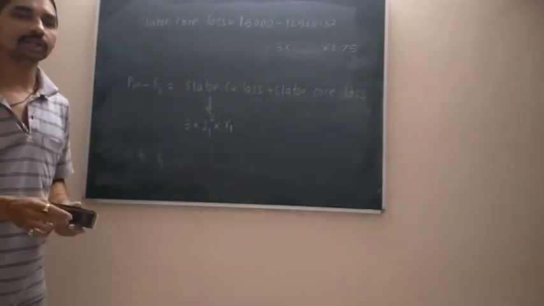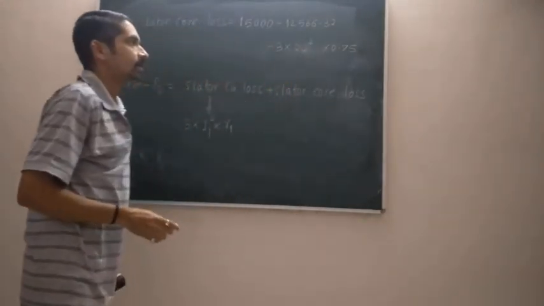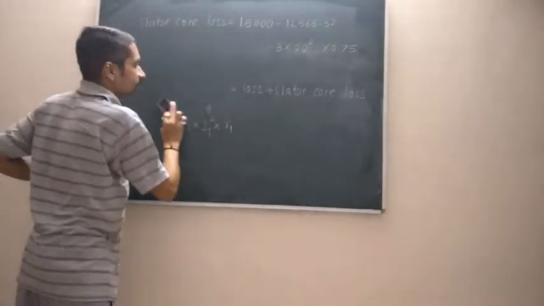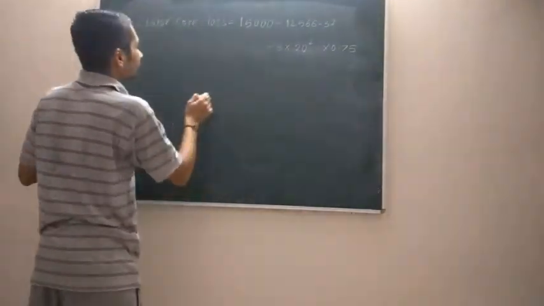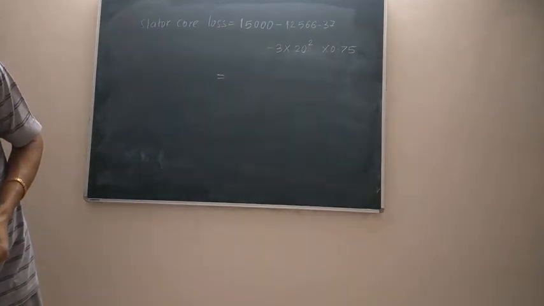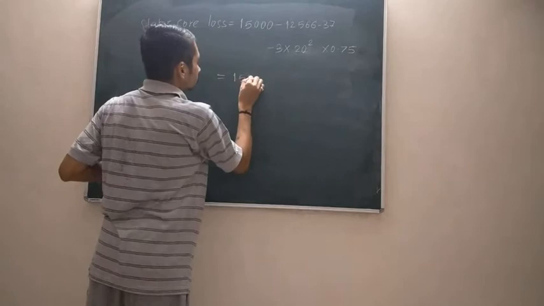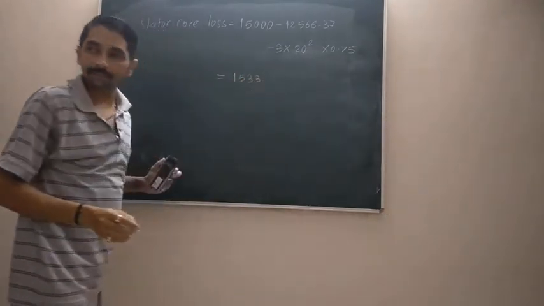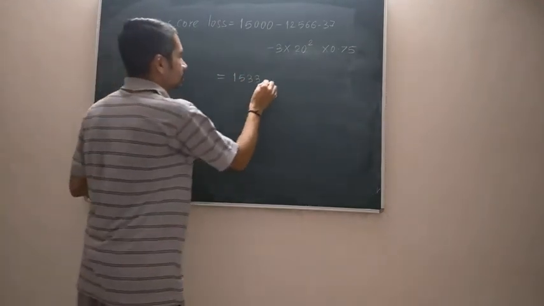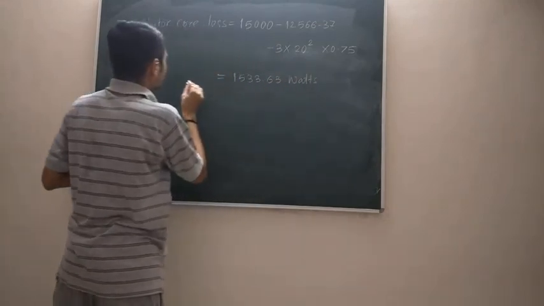As the motor is connected in star, line current and phase current will be the same. So if I substitute the values and solve it further, I will get the value for my stator core loss as 1533.63 watts.